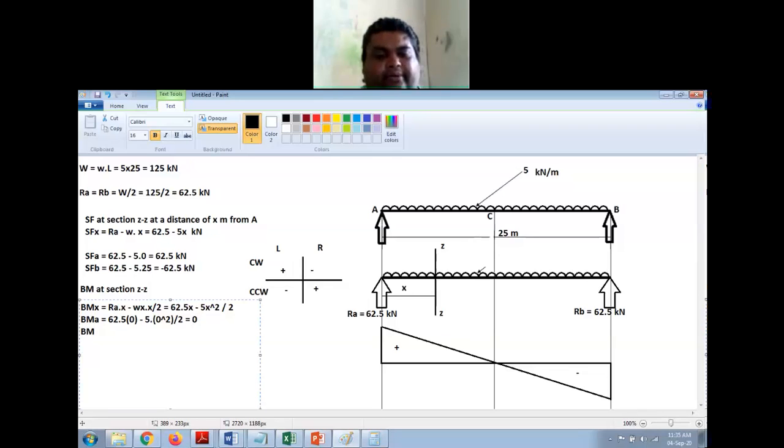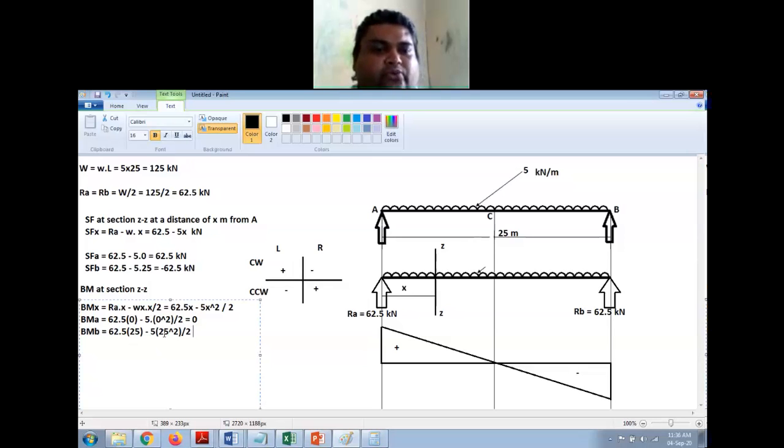Similarly, BM at B is equal to 62.5 into x is equal to L now, and L is 25 meter, minus 5 into 25 square by 2.